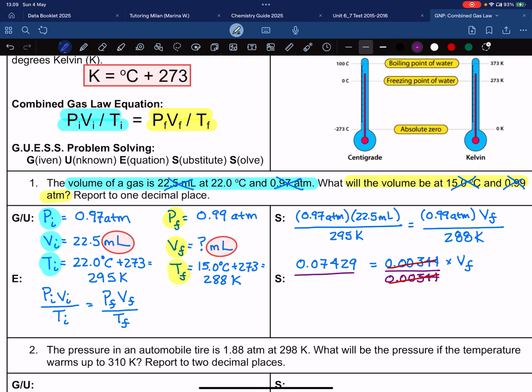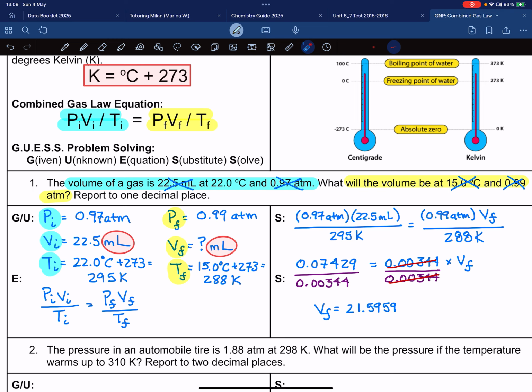Then I'm going to divide that by 0.00344. And in the end, I'm going to have VF is equal to 0.07429 divided by 0.00344. I'm going to end up with this number, 21.5959.